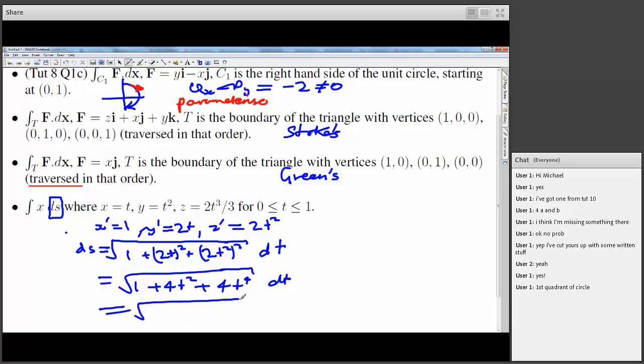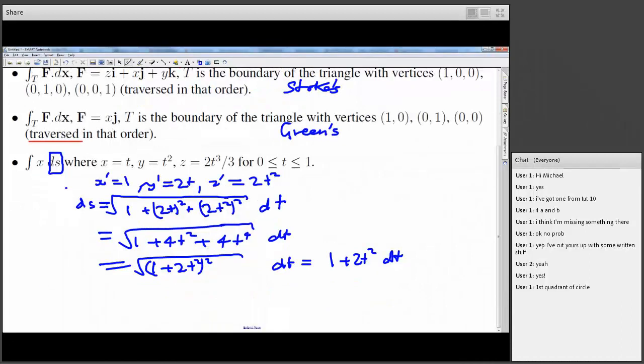That's the nicest scenario. And if you notice, that's a perfect square underneath, so that's 1 plus 2t squared, all squared underneath. And so you're getting 1 plus 2t squared dt as our final expression, which is nice.